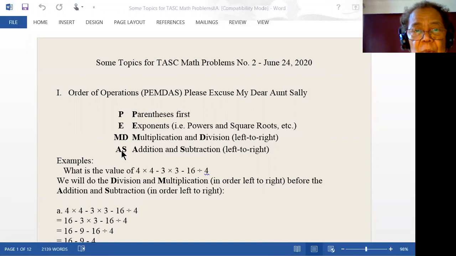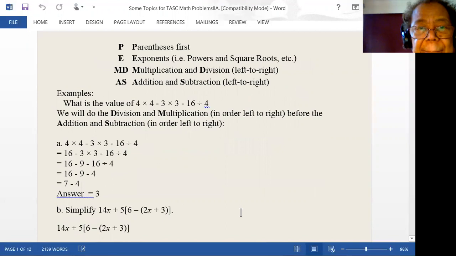First example, what is the value of 4 times 4 minus 3 times 3 minus 16 divided by 4? Now, you see, we will do them in order, multiplication, left to right. Now, what's the first multiplication? 4 times 4.